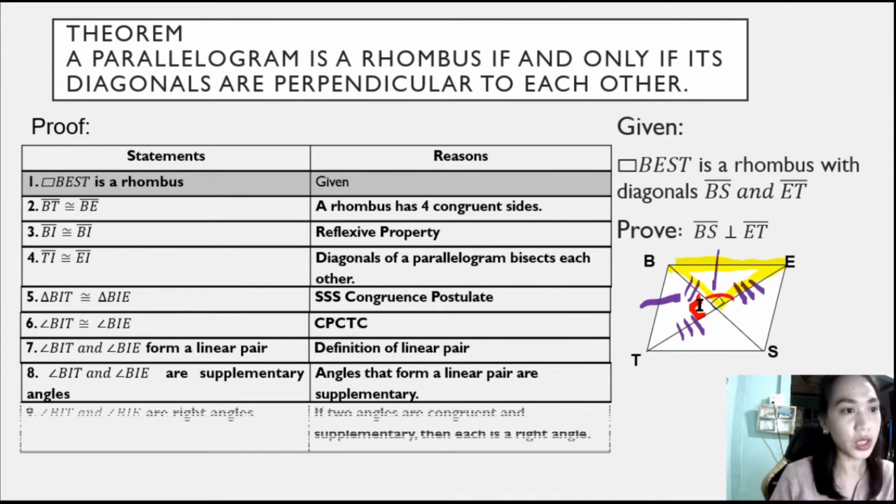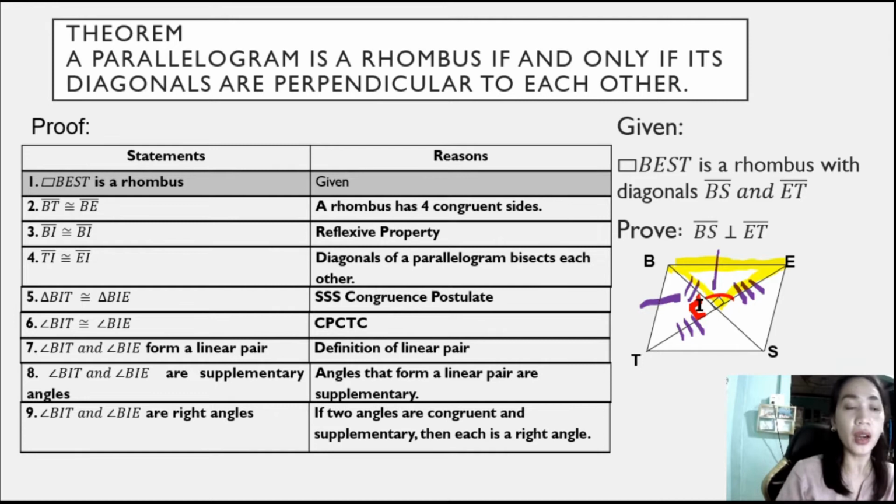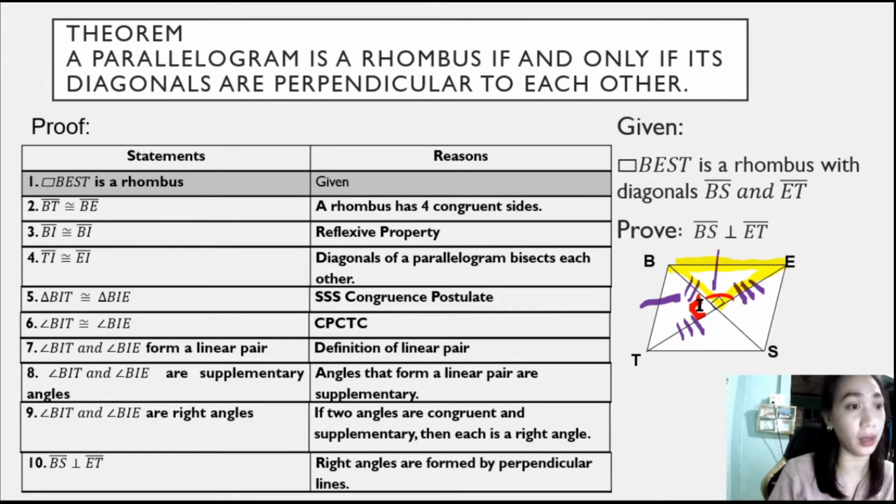So since they are supplementary angles, they are forming 180 degrees. So you have BIT and BIE are right angles. So if the two angles are congruent and supplementary, then each is a right angle.